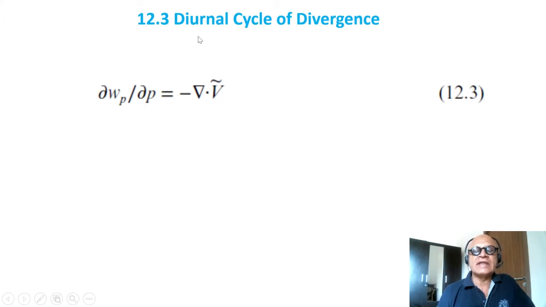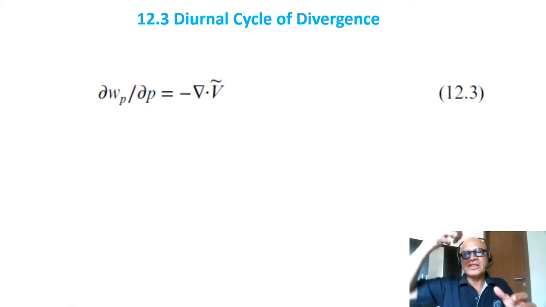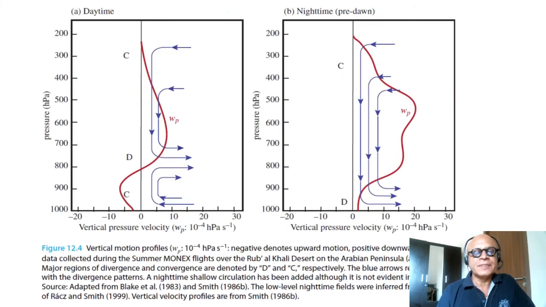Obviously we can look at the diurnal cycle of the divergence that's associated with this columnar heating and cooling during the day. We can write the horizontal divergence then in terms of the vertical velocity in the pressure coordinate, where V tilde here obviously is the horizontal flow field. What you end up with is something like this.